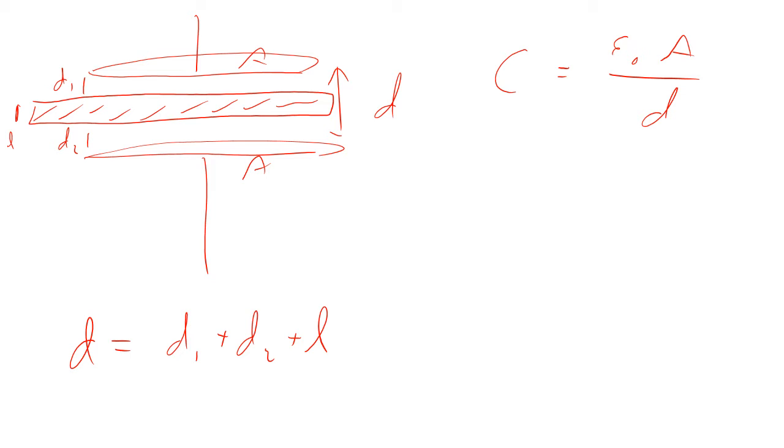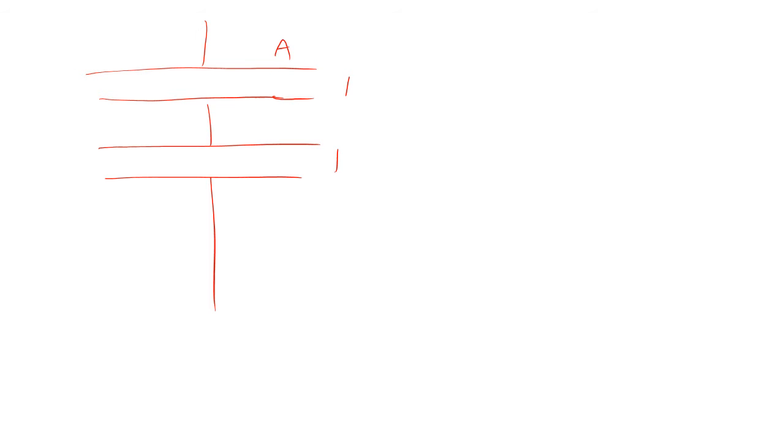Well, gosh, we know that if that's a piece of metal, it's an equipotential. So the upper surface of it acts like a plate of a capacitor, and the bottom surface acts like a plate. And so this is going to look like two capacitors, in which they still have the area A, and this is going to be D1 and D2.